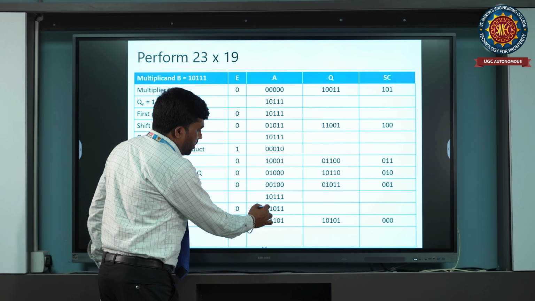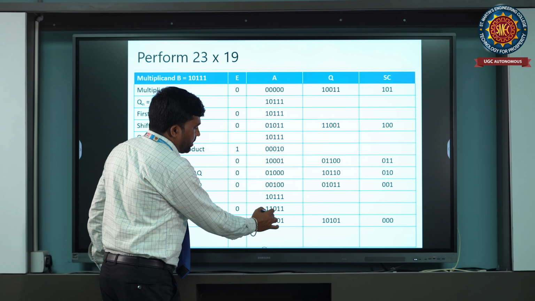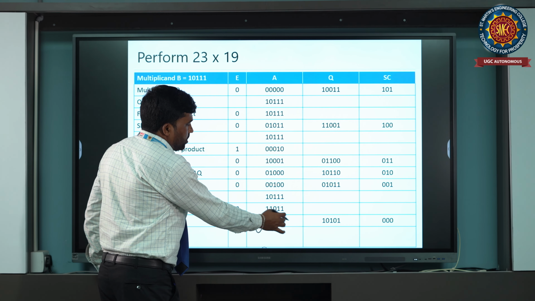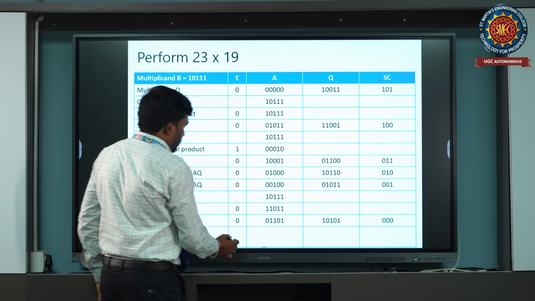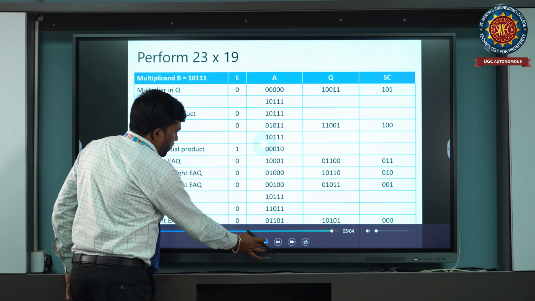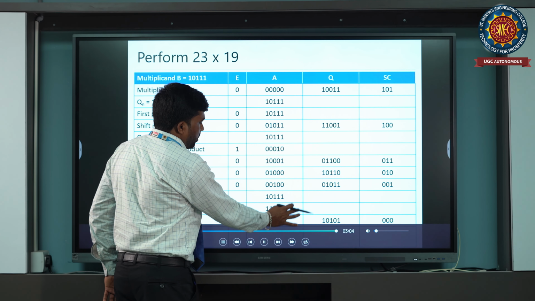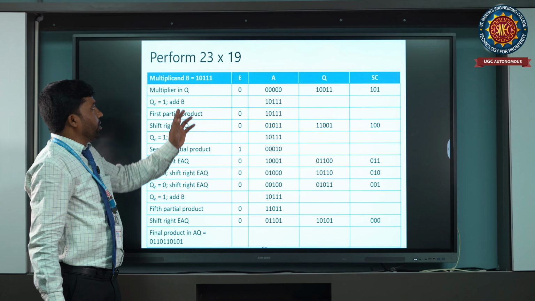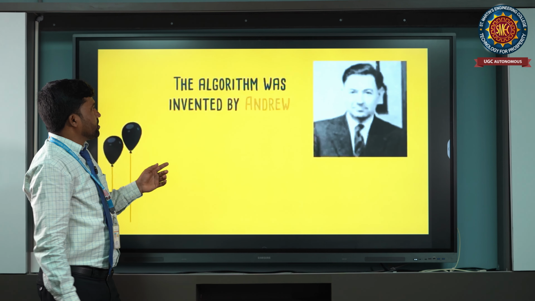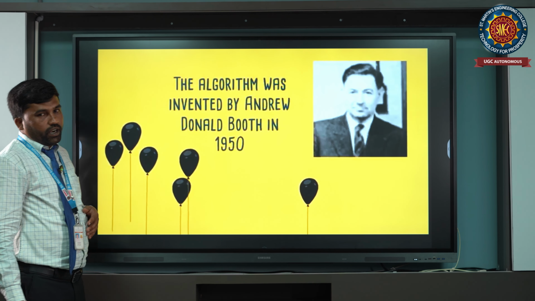This is 0 and this is 1, the 1 moves to the right and the 0 moves to here. Like that we are done. Finally we get the output of AQ, which is the final product of the multiplication of the two numbers. This is the Booth multiplication algorithm.